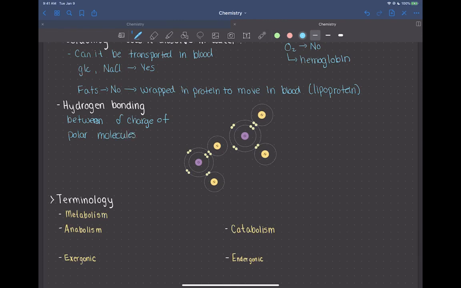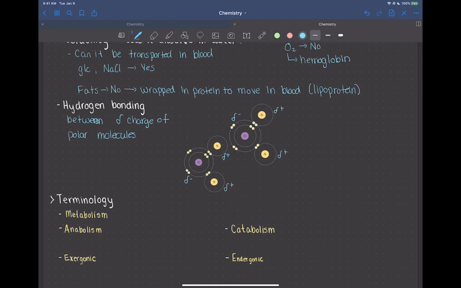If we have these two water molecules here, this oxygen on this one is going to be a little negative, this hydrogen on this one is going to be a little positive, a little positive on this hydrogen here, this oxygen will be a little negative, and this hydrogen will be a little positive.